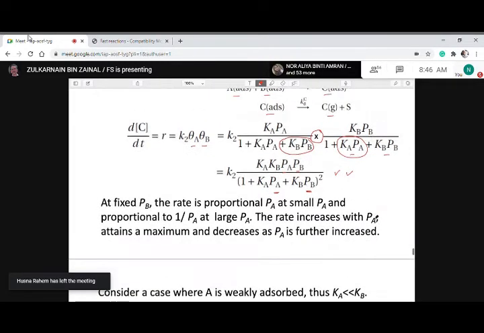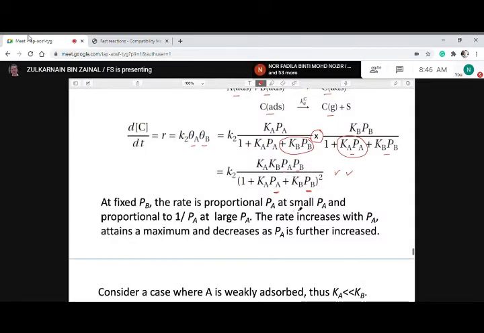Then at fixed PB, if PB is fixed, the rate is proportional to PA at small PA, right? So if we fix PB, PB will become constant.